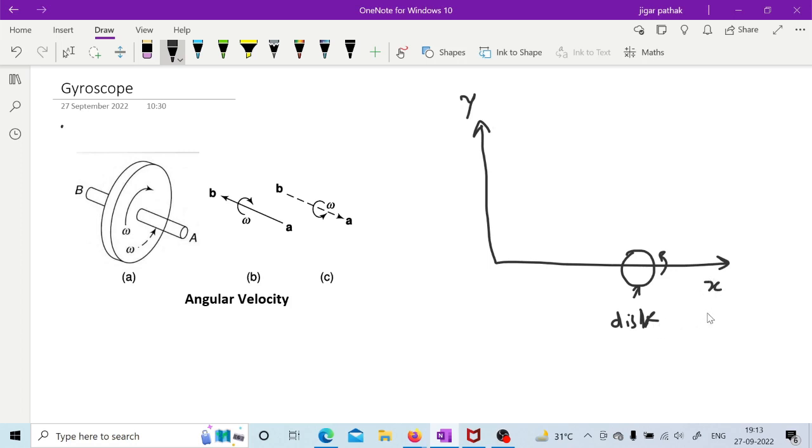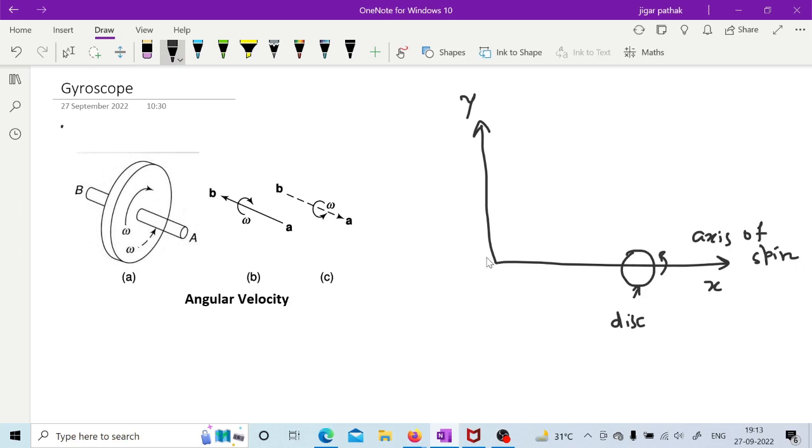Here, if this disc is rotating about the x axis, then this will be the axis of spin for this particular element.